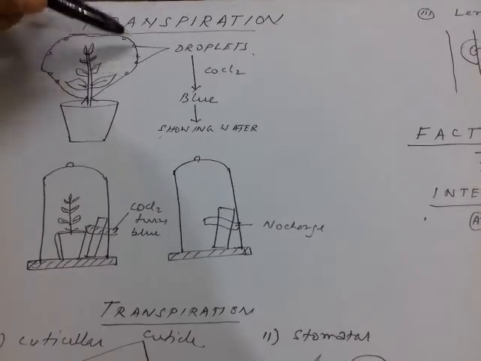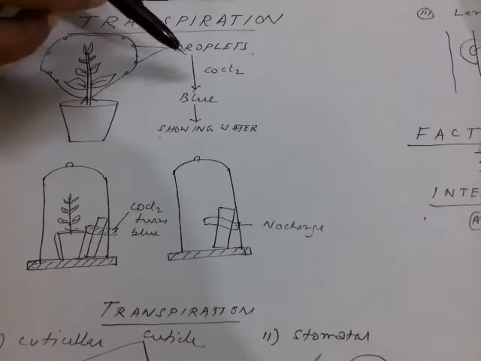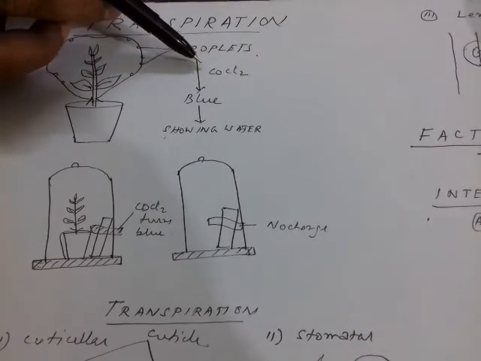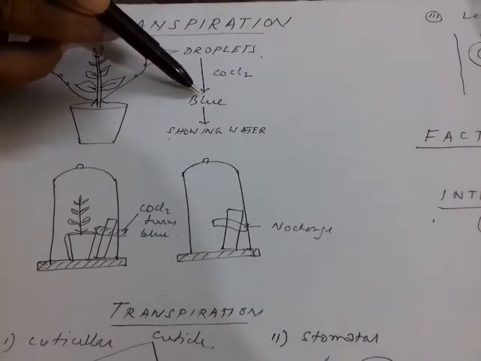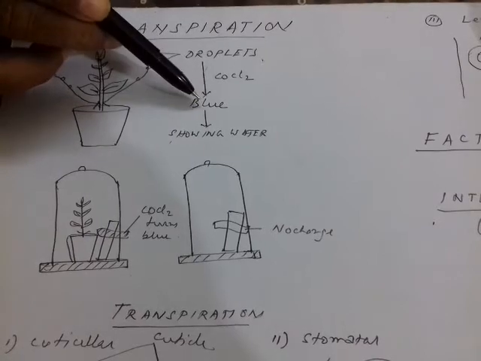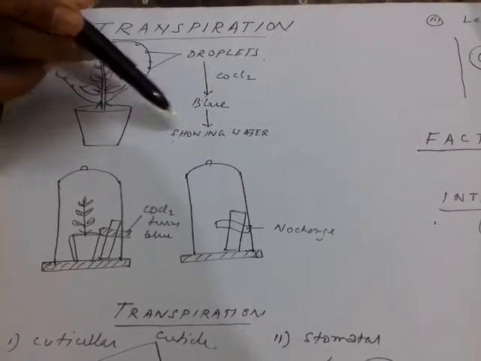Now, if you test these droplets with CoCl2, cobalt chloride, then anhydrous cobalt chloride, which is blue in color when dry, will turn pink, showing that it is water.